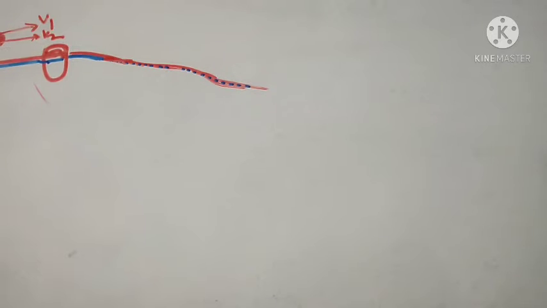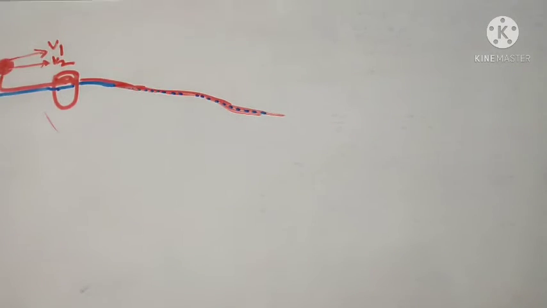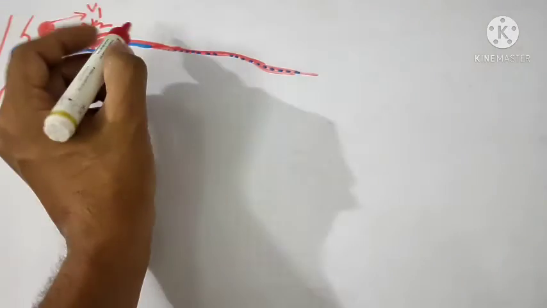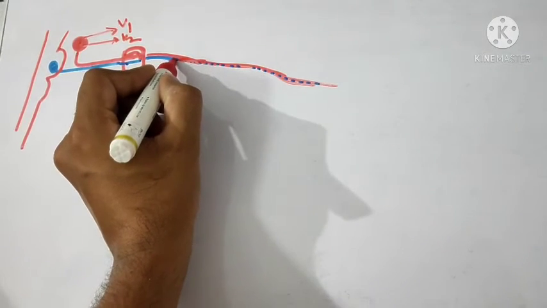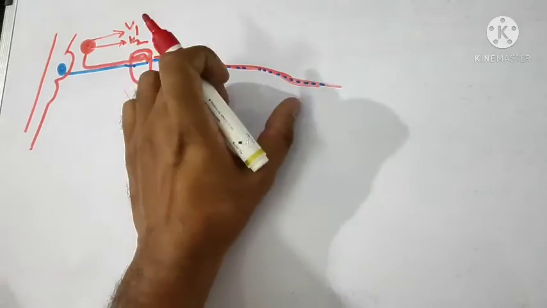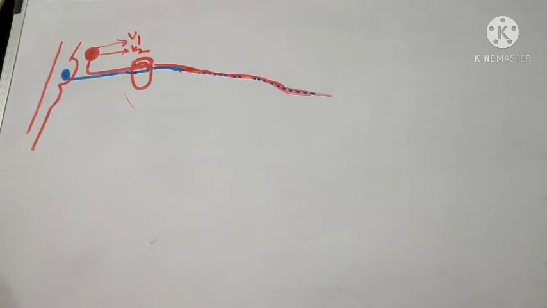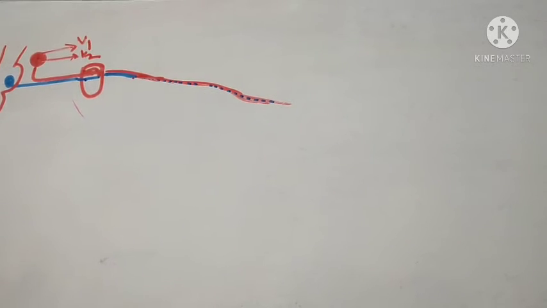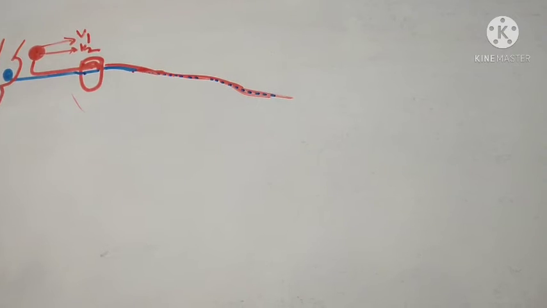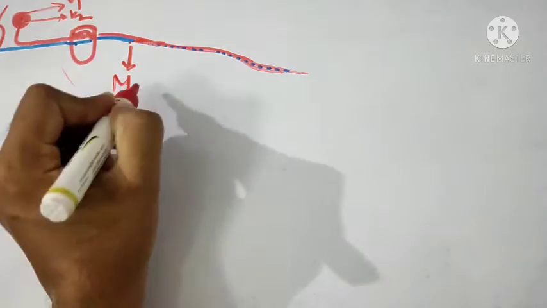From the main trunk it divides into three branches: anterior two branches and the posterior one branch. But one point to remember is that in the middle cranial fossa it gives a branch, that is the meningeal branch.